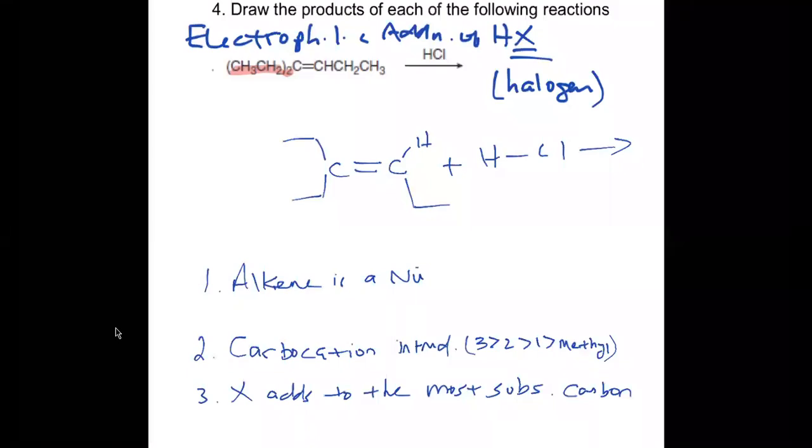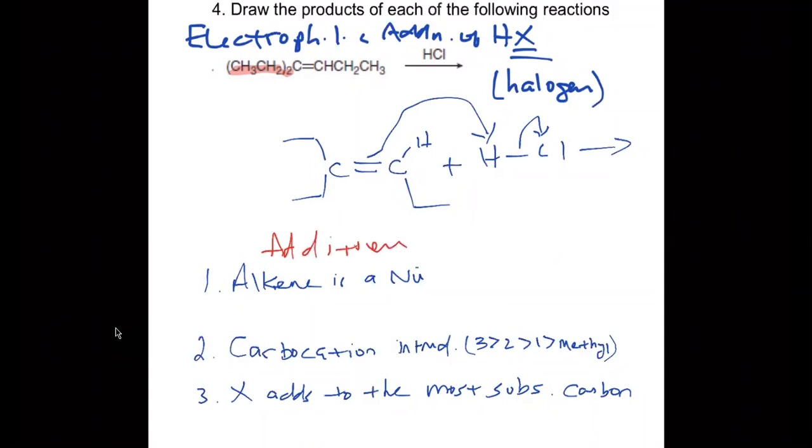The double bond breaks. Yeah, so you're going to use those electrons from the double bond to attack H, and then at the same time you're going to break the HCl bond. The reaction itself is going to be an addition, if you remember when we talked about the different reaction types. It's an addition reaction.